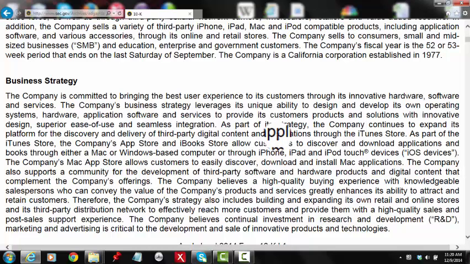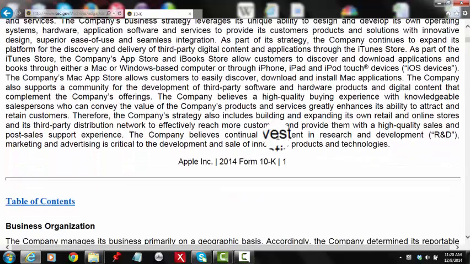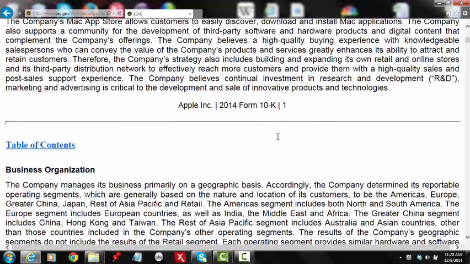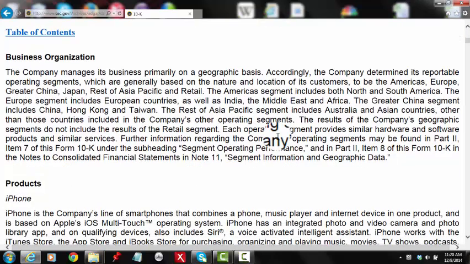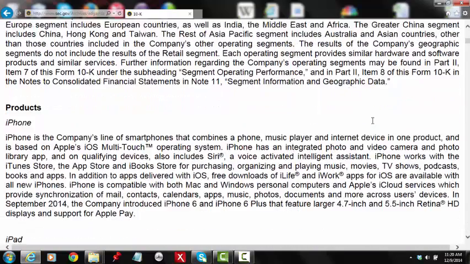That's one of their main goals, like through the iTunes store, they're trying to get a lot of third-party business. Then they talk about their R&D and other initiatives. Then the business organization is pretty straightforward. They're US based, with offices all over, which again is not so relevant.